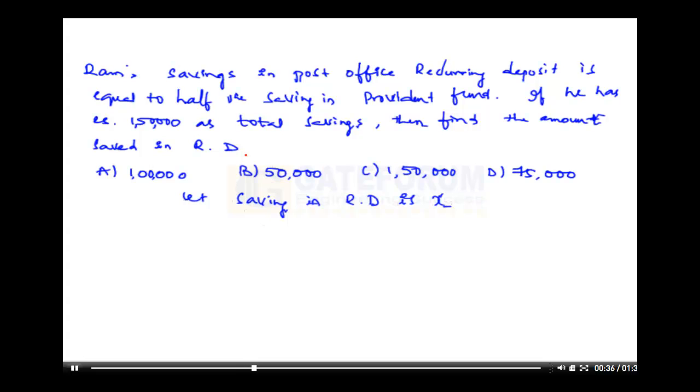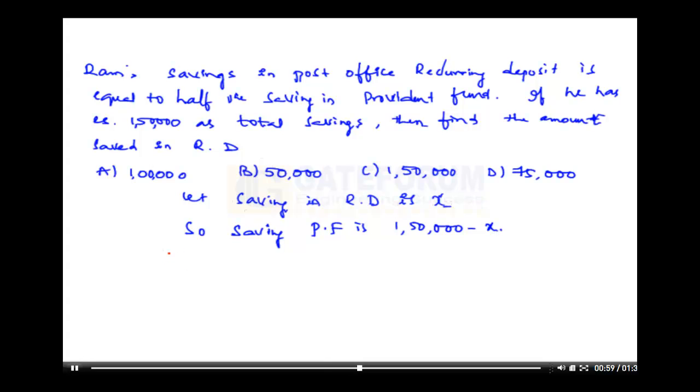The total amount is 1,50,000. So the savings in Provident Fund is 1,50,000 minus X.